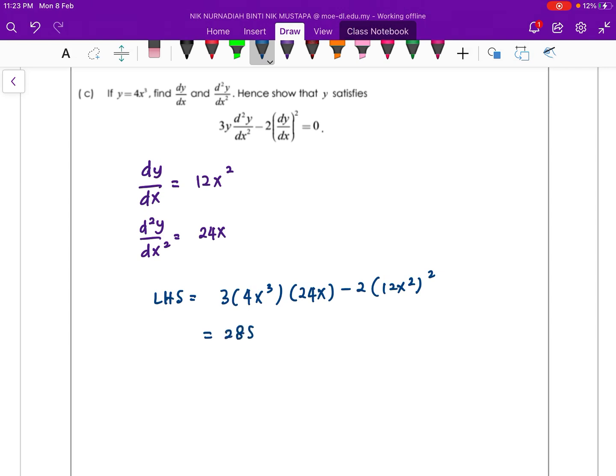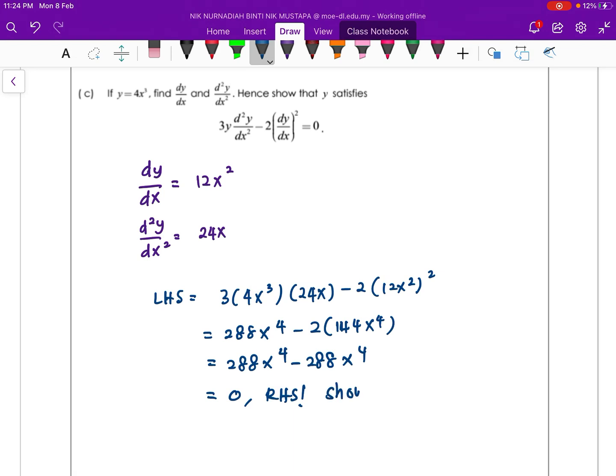Okay, so 288 x to the power of 4 minus 2, 12 square equal to 144, kan? Yes, 144. 144 x to the power of 4. Okay, so here is 288 x to the power of 4 minus 288 x to the power of 4, which is equal to 0. Right hand side. Okay, so shown.